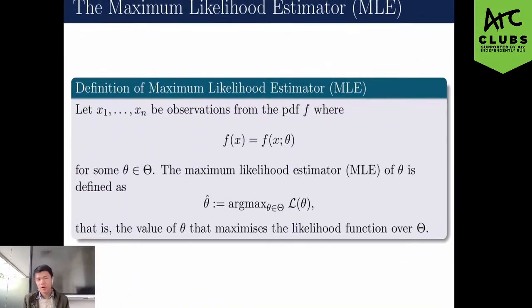Okay, so why do we care about this? Because this gives us a nice way to estimate parameters. So the maximum likelihood estimator is, as the name suggests, the number for theta that maximizes the likelihood function, right?